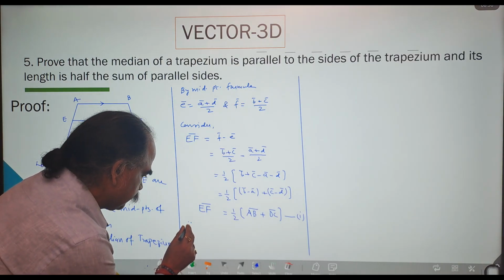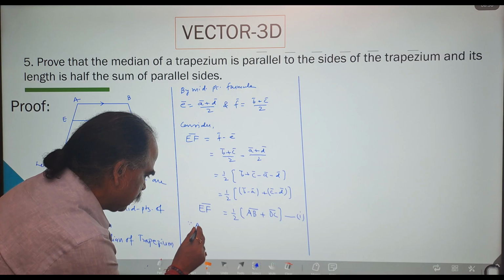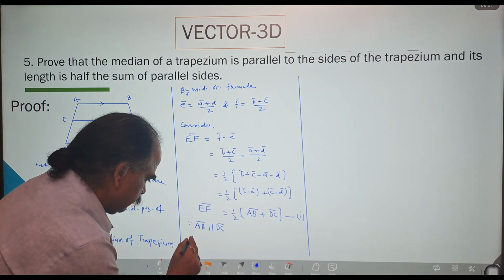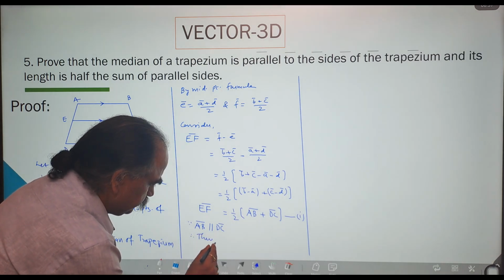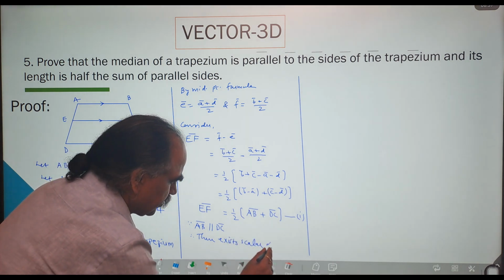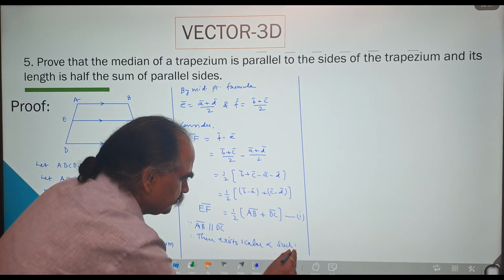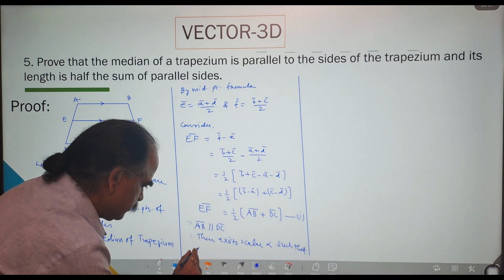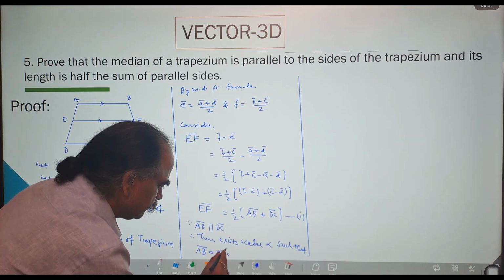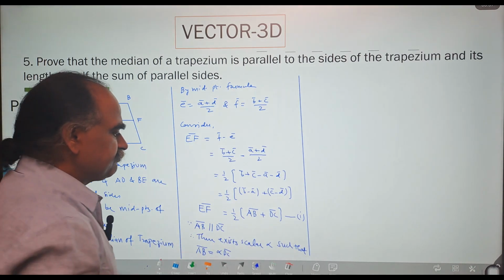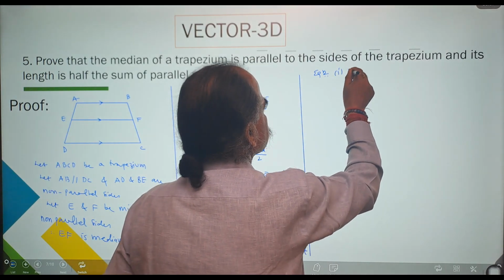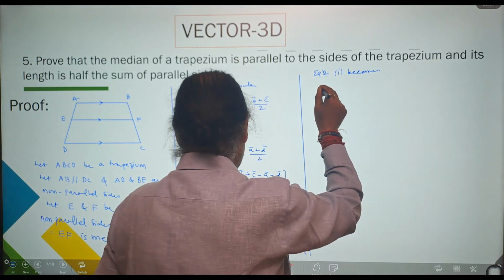Since AB bar is parallel to DC bar, therefore there exists a scalar alpha such that AB bar is what? Alpha times DC bar. So equation 1 becomes EF bar is what?